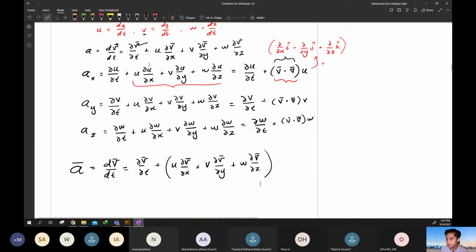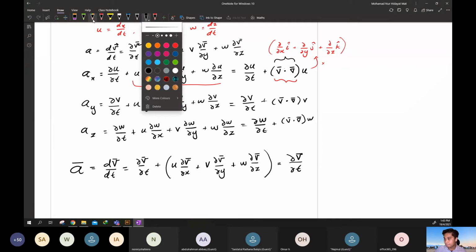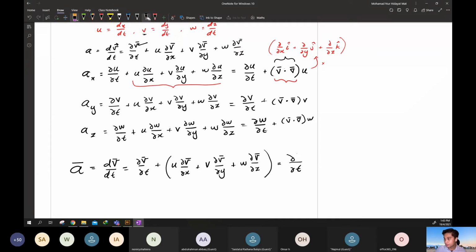Can you see this part? We take this out into this one, and we can simplify this term into dv over dt plus velocity dot product with the gradient form multiplied with v.